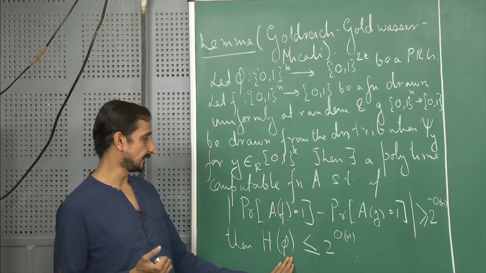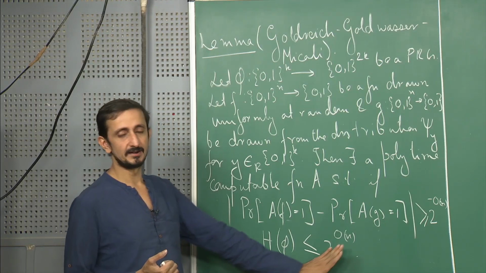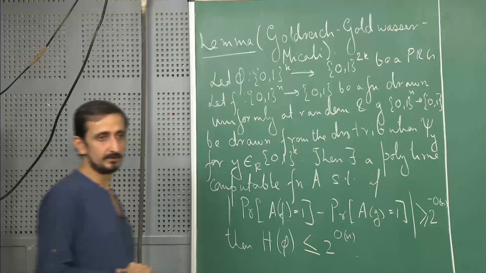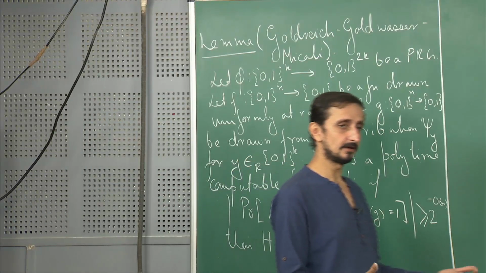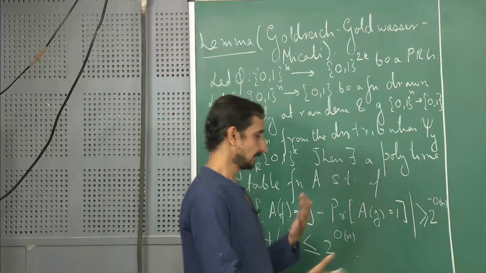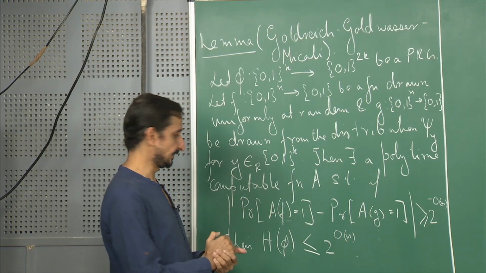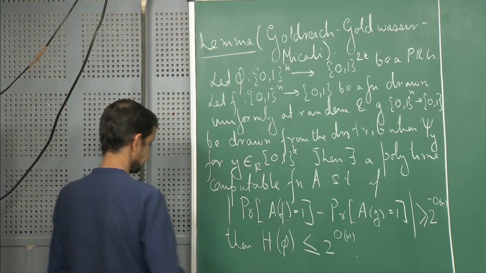So phi is a pseudo-random generator, and one can show that its hardness is also bounded. So breaking a pseudo-random function generator gives one a way to break a pseudo-random generator as well. That is the intuition.